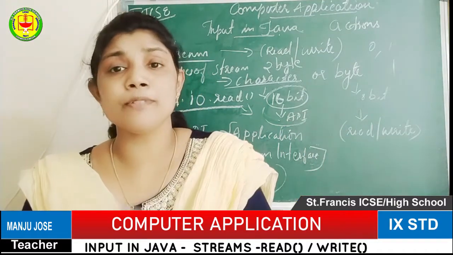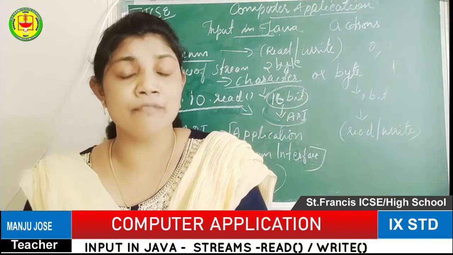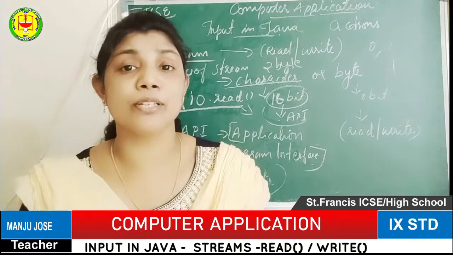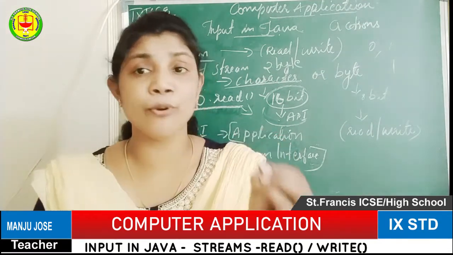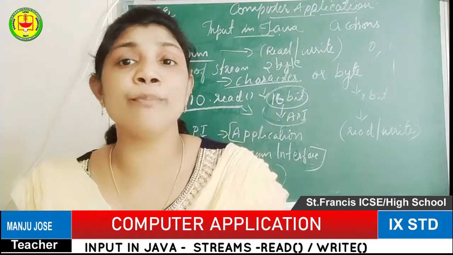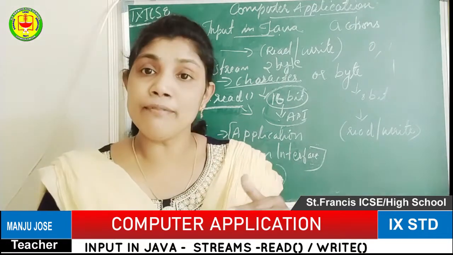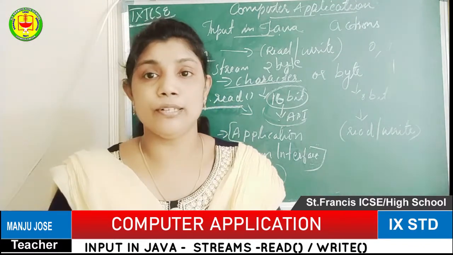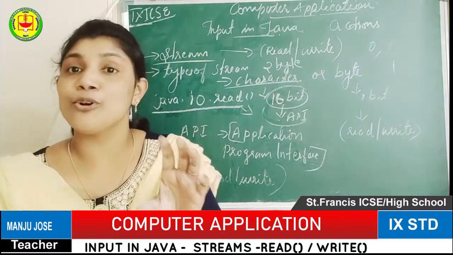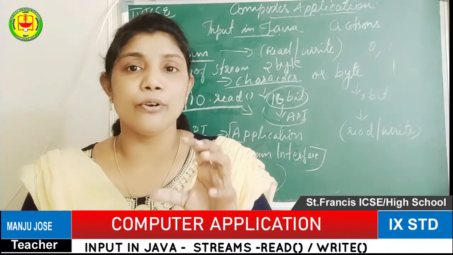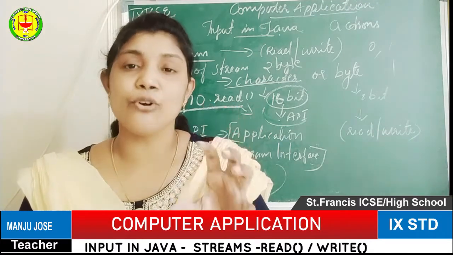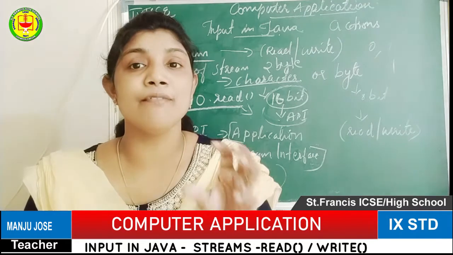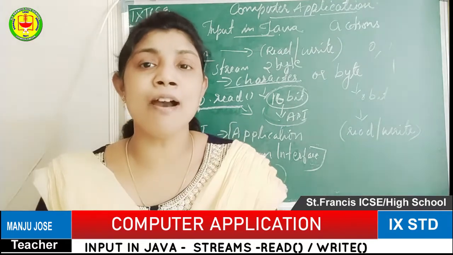Whatever programs we do in Java, we use each and every point, even minor points, everywhere in a program. So one by one, while doing the programs, you have to recall it and do it. Moreover, we can say this is called a stream. Stream is not a difficult concept; it is a very simple concept in Java.